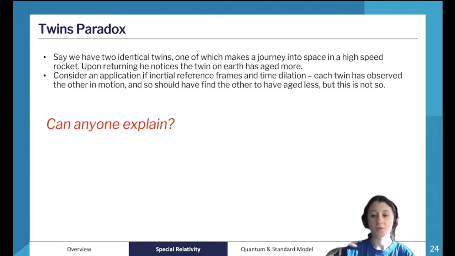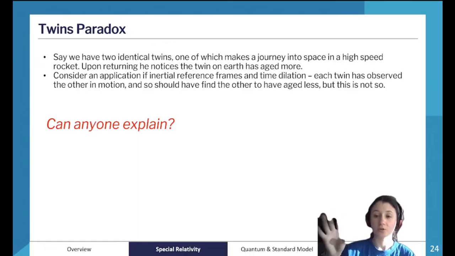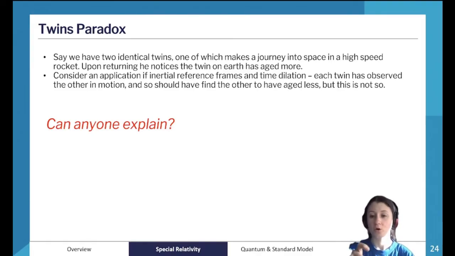That's what they see. Whereas the person on the rocket is going to look back on Earth and see that the person on Earth is moving in slow motion. So the real question is, how can we reconcile these two?